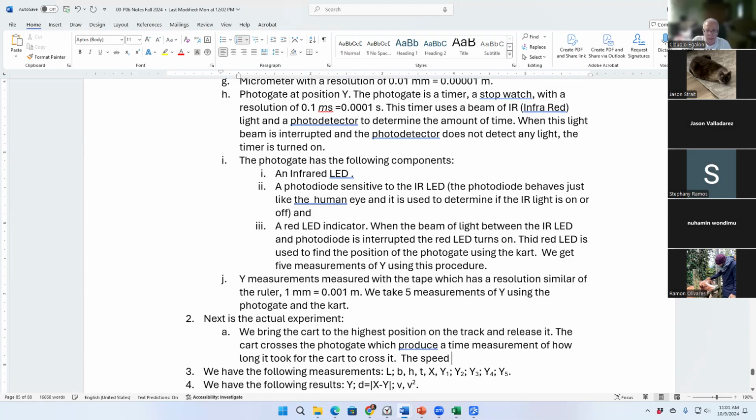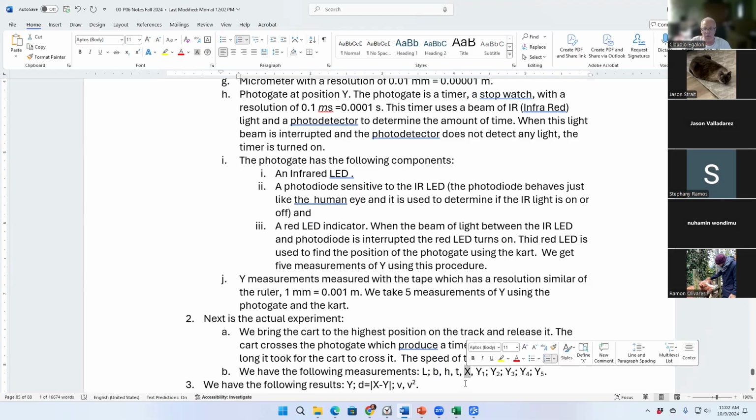I produce a time measurement T. The speed of the cart being L divided by T. So far we have the following measurements: L, B, H, T, X, where X is the initial position of the cart, and Y1, Y2, Y3, Y4, Y5.